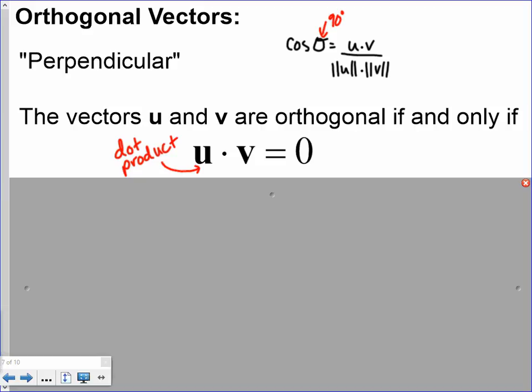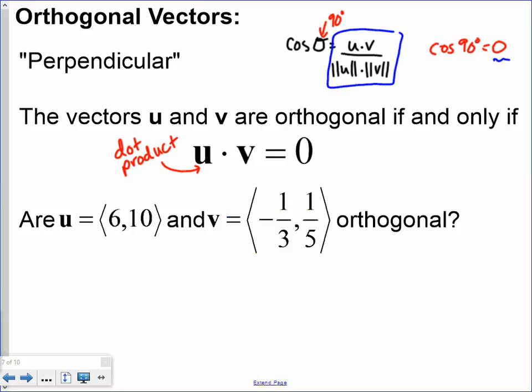Think about your x-coordinate. The cosine of 90 degrees, we know, is equal to 0 on the unit circle. So the cosine of theta must have been equal to 0 so that we got 90 as the answer. For a fraction to equal 0, the only way that's ever going to happen is if your numerator is equal to 0.